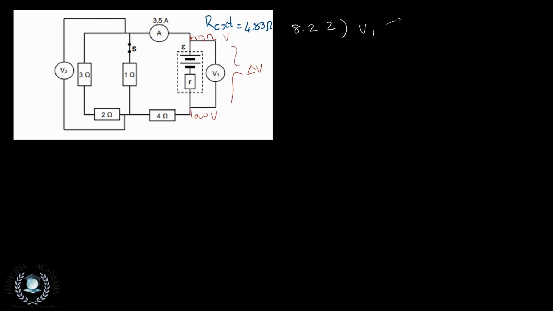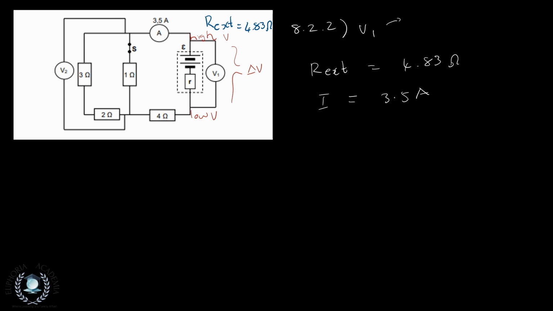So we can actually calculate that, because this V1 does not account for the internal resistance of the battery, so we don't need it. But we do have the total external resistance as 4.83 ohms, and then we have our current. The current that we're given was the current through the whole circuit, which was given to us as 3.5 amps.